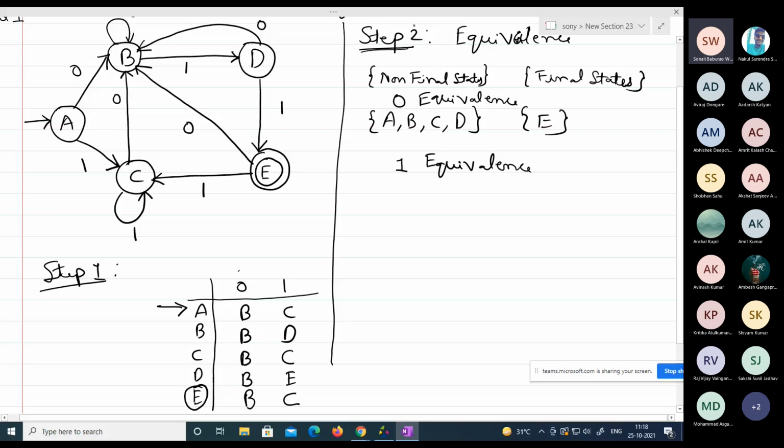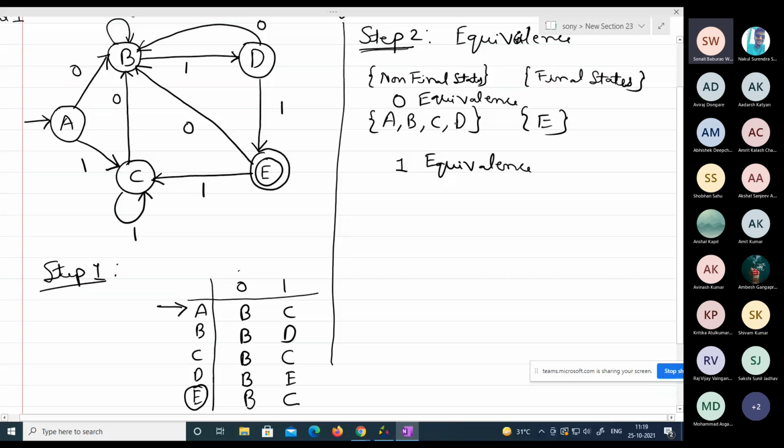Then comes our step number 2, called equivalence. What you have to do in equivalence is make two groups basically. Your first set will contain the non-final states, and your second set will contain the final states. Looking at the table or the DFA, we know that A, B, C, D are the non-final states.